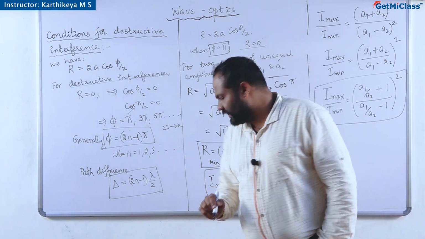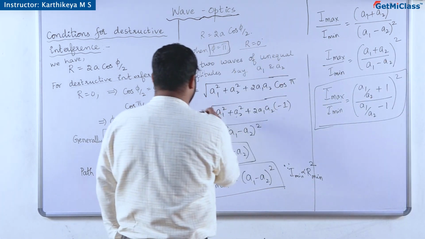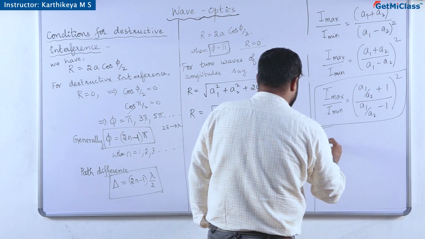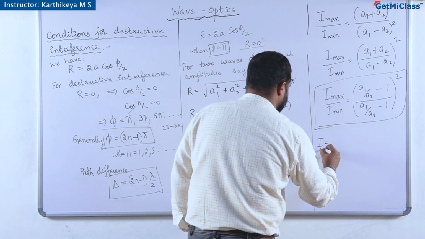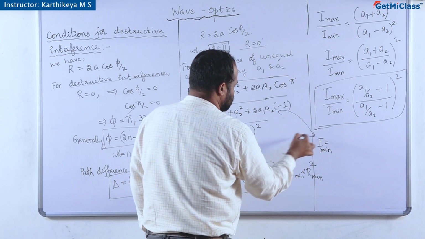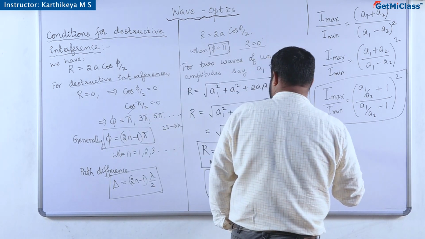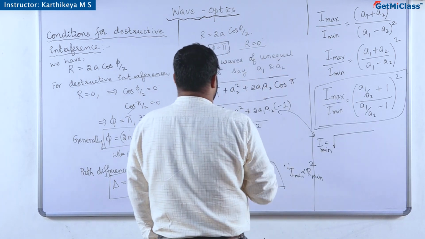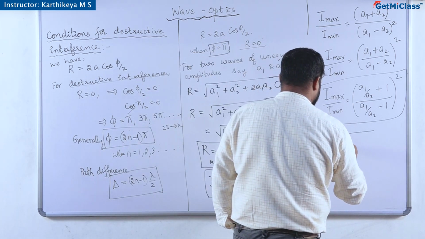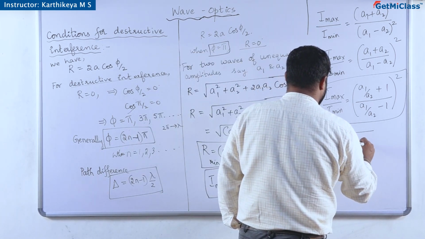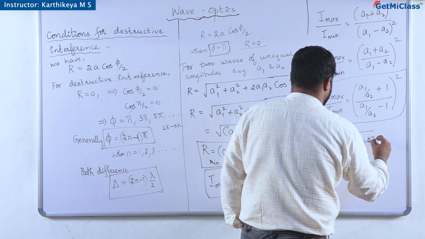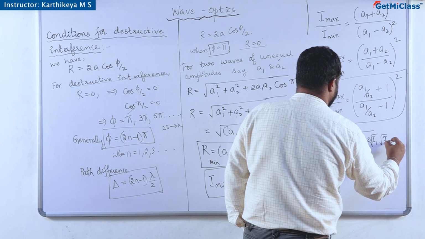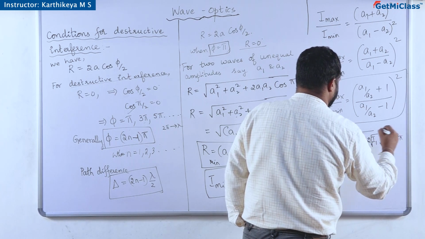Similarly, in terms of intensity, I minimum, using this formula again, will be root of I1 plus I2 plus 2 root I1 root I2 cos pi.